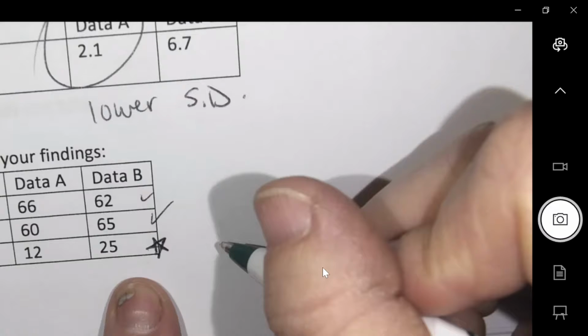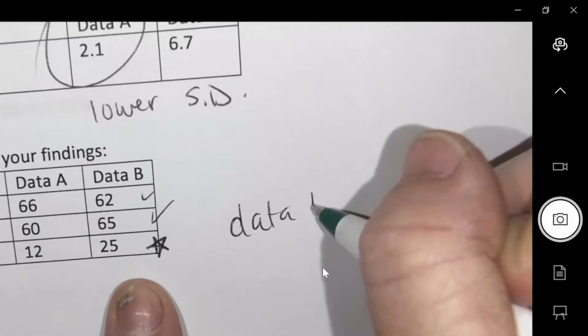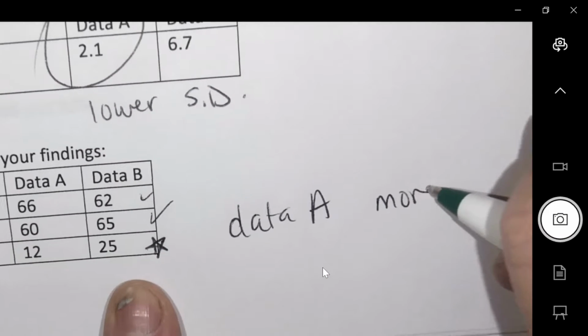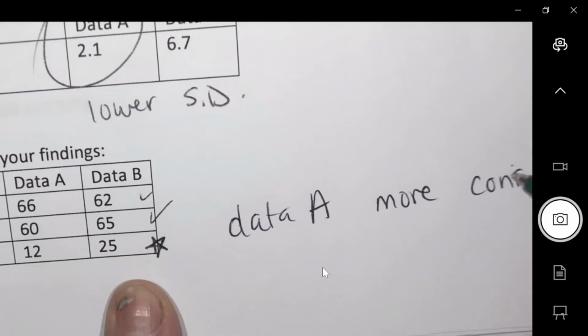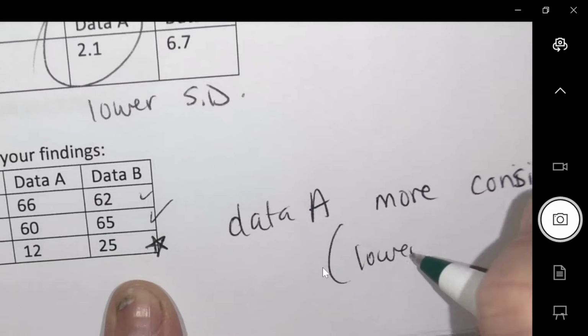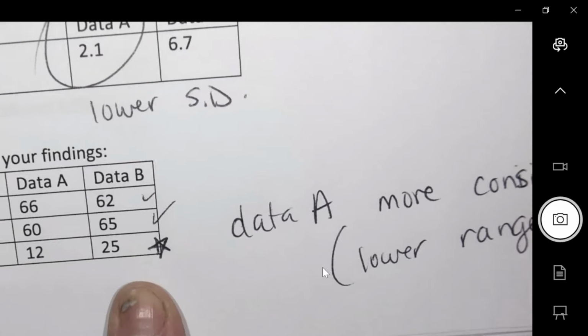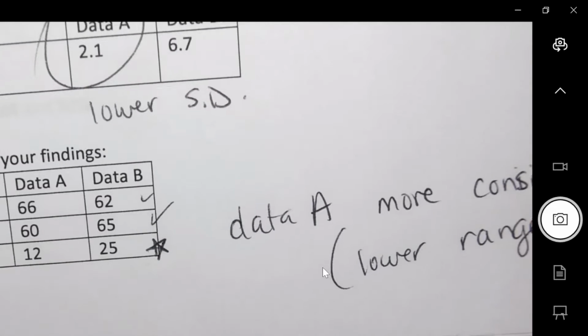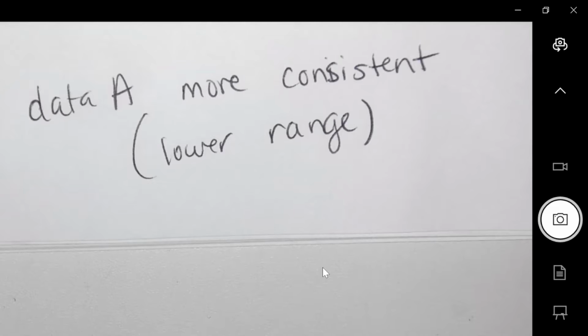So then data A is more consistent. Okay, kind of goes hand in hand with standard deviation. If your range is lower, it means your numbers are closer together.